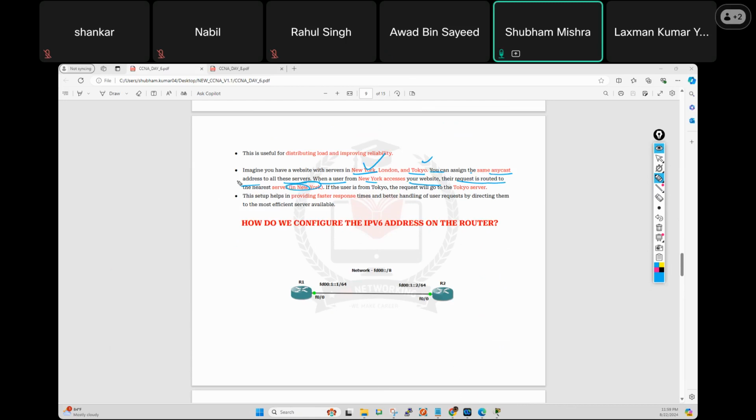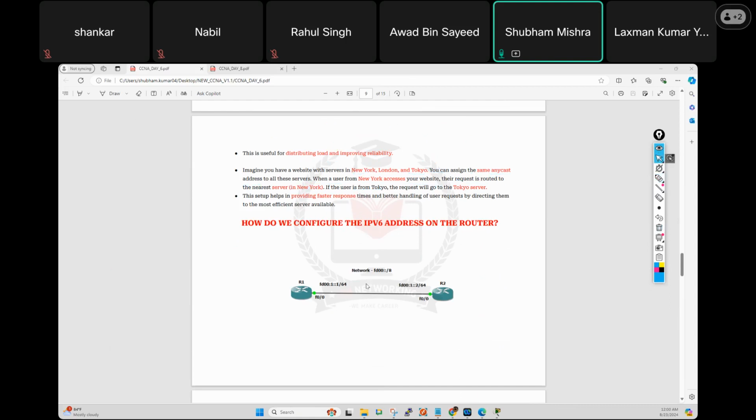And if a user accesses from Tokyo, the whole traffic will go through the Tokyo server, and this is possible because of anycast. Because on New York's server and Tokyo server, we configure the same anycast address. Getting my point, everyone? So basically, this is the use of anycast address.